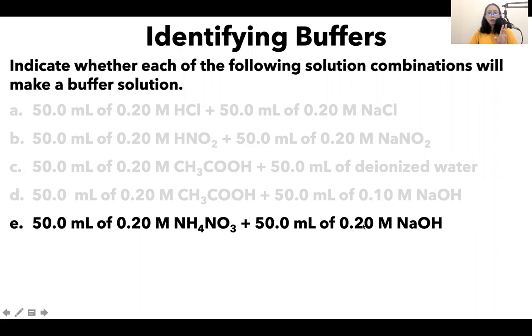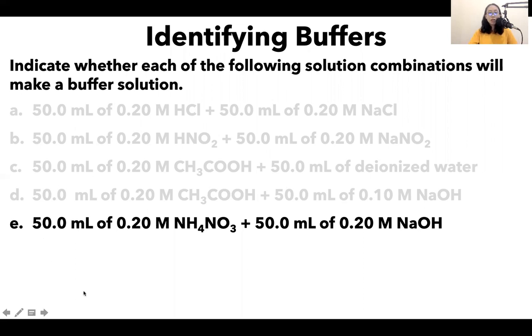However, you have equimolar amounts of the two. So the ending is you will convert all of your ammonium ions to ammonia. You will not be left with ammonium ions. You only have ammonia. So you don't have the other component. So letter E is not a buffer.